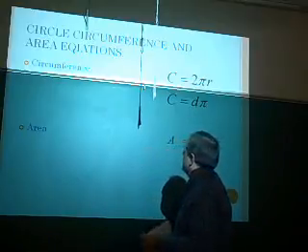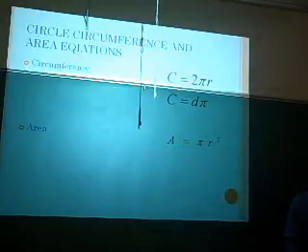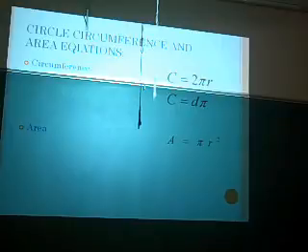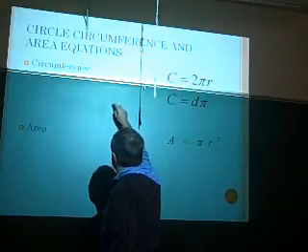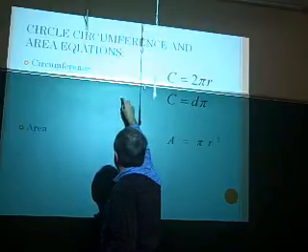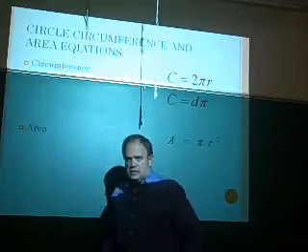So it's basically like the perimeter of a circle, and that's 2 times pi times the radius. The radius is from the center of the circle out to the edge of the circle. Okay, and that's our radius.